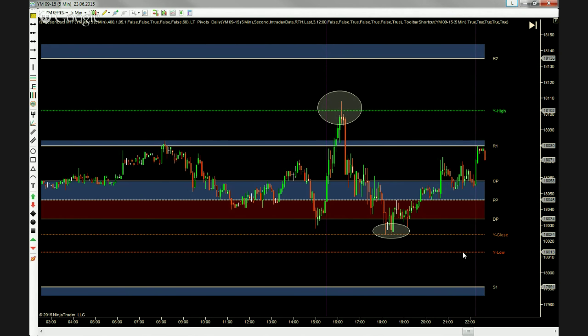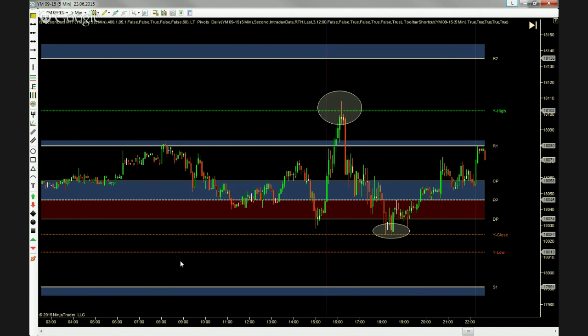So if we're making note of the close, the low, the high, and the different resistance and support levels created by the pivot indicator, then we will have a good idea where we expect breakouts and reversals to happen. So that's going to be an important part of our strategy.